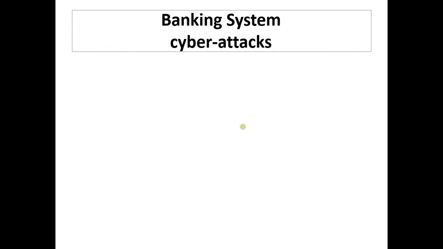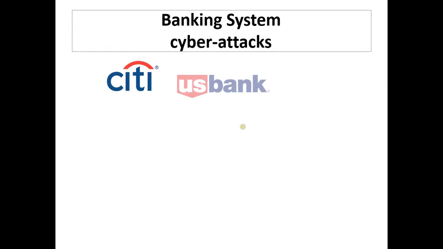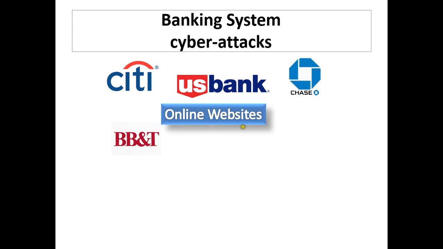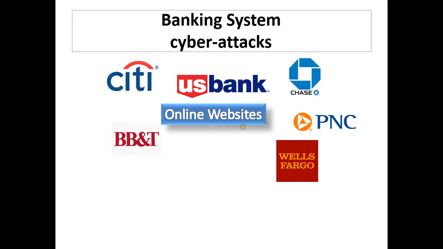Then, cyber attacks on banking systems. Cyber attacks on the biggest US banks, including Bank of America, Citibank, JP Morgan, and Wells Fargo, have breached some of the nation's most advanced computer defenses.